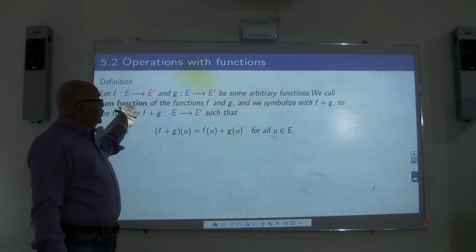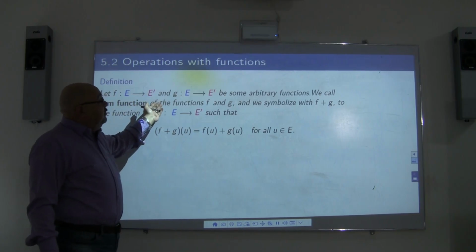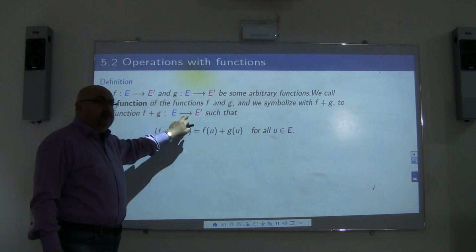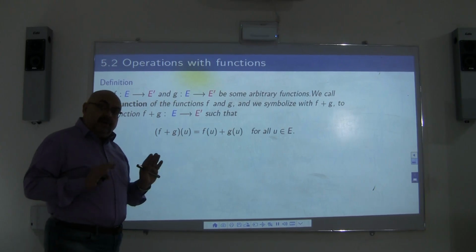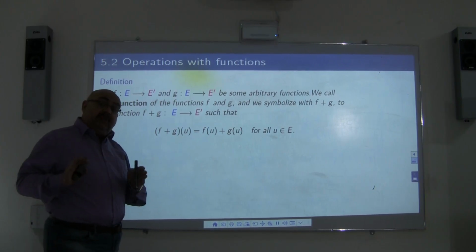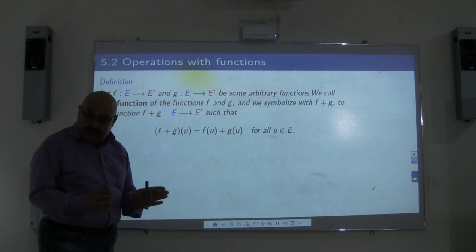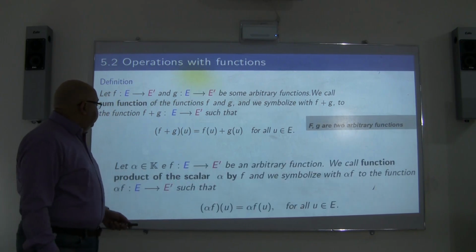We call the sum of the functions F and G, and we symbolize it by F plus G, from E into E dash. You know, I have two functions completely separate. Two functions, so they are moving stuff from subvector space E into another subvector space E dash. I can add them together. Are you with me? Also, we have F and G as arbitrary functions.